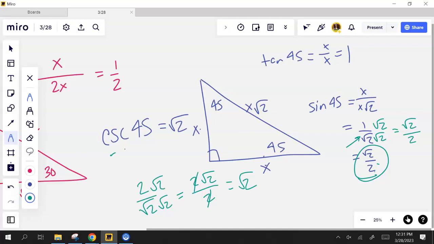These are non-calculator. This was the very last thing, the special right triangles we did. I just know we can do it. And that's just the pattern.